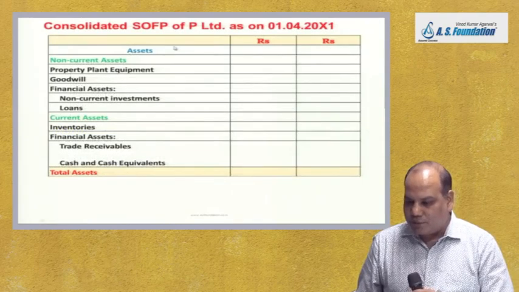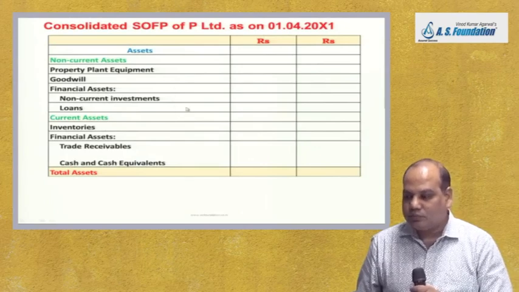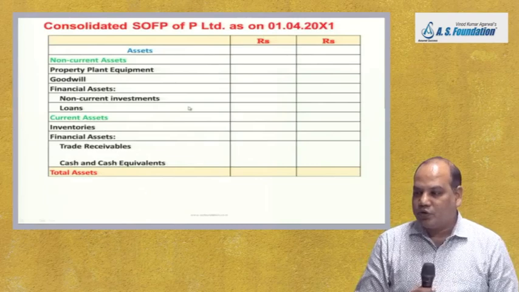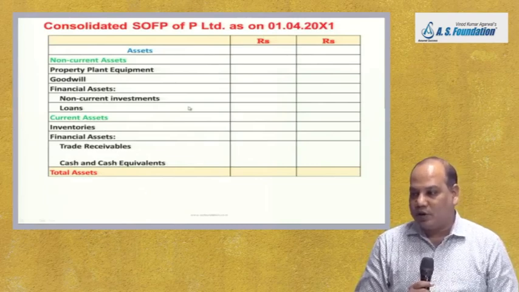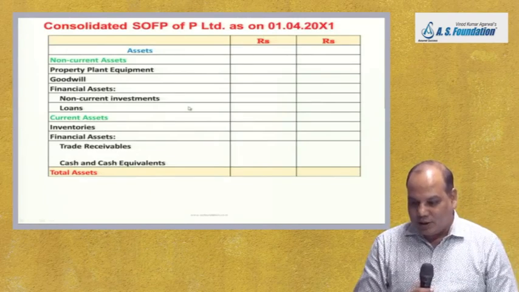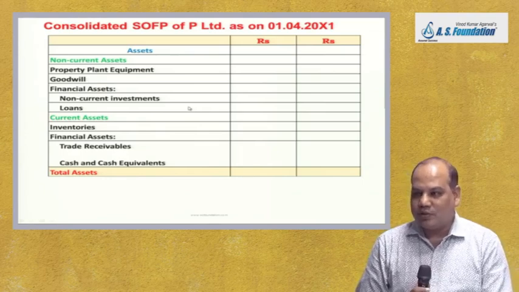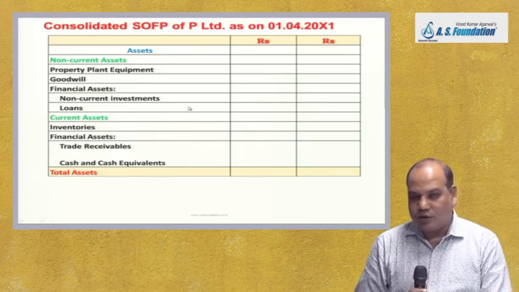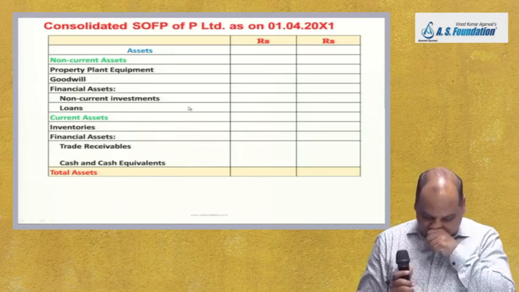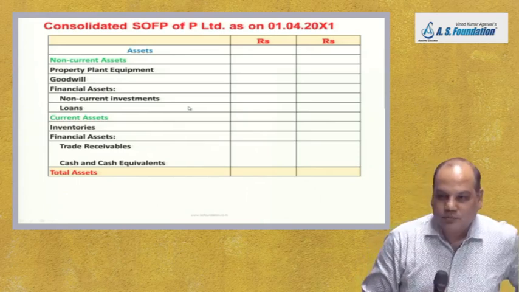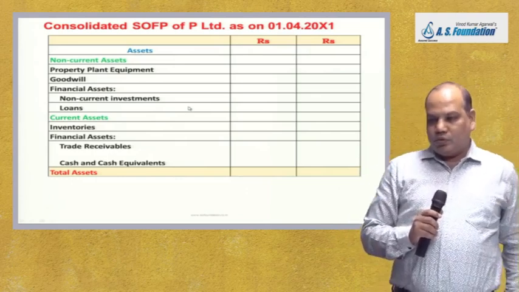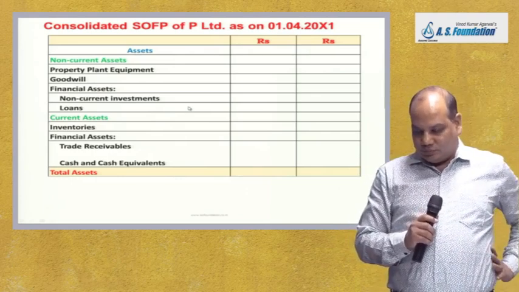First you draw the format. Now how do you present the answer in the exam? First you will draw the main format and then you do some working notes required. So write down, dear students, consolidated SOFP of P Limited as on 1420X1.